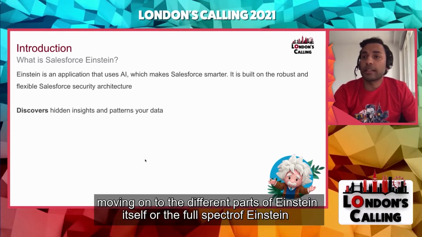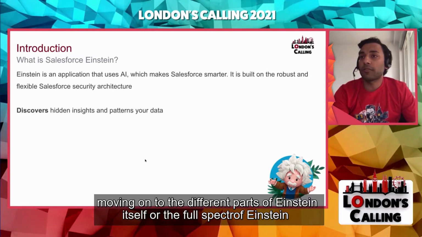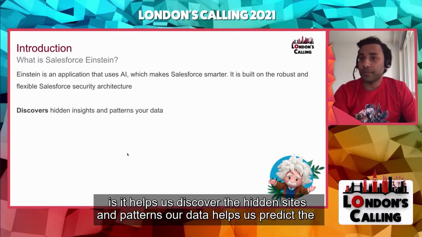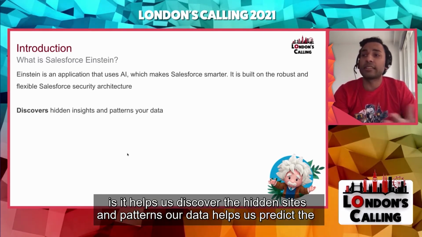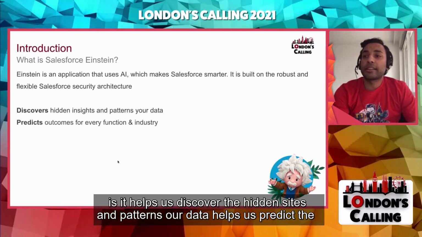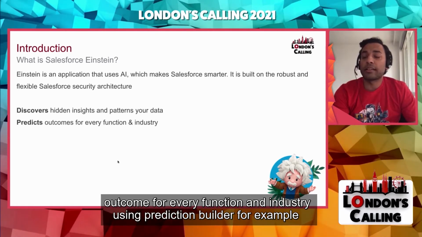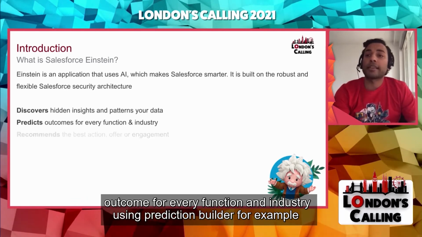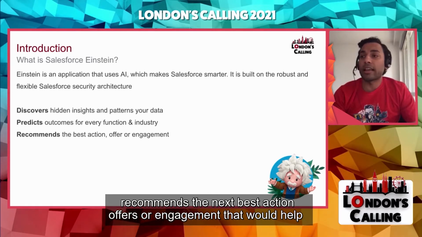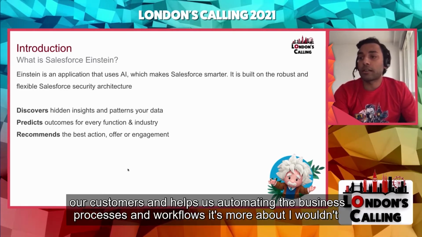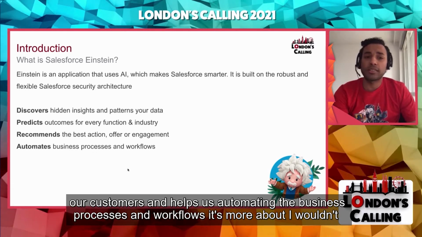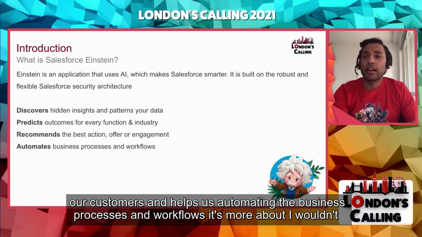Moving on to the different parts of Einstein itself, or the full spectrum of Einstein, it helps us discover the hidden insights and patterns in our data, helps us predict the outcome for every function and industry using Prediction Builder, for example, recommends the next best action, offers or engagement that would help our customers, and helps us automate the business processes and workflows.